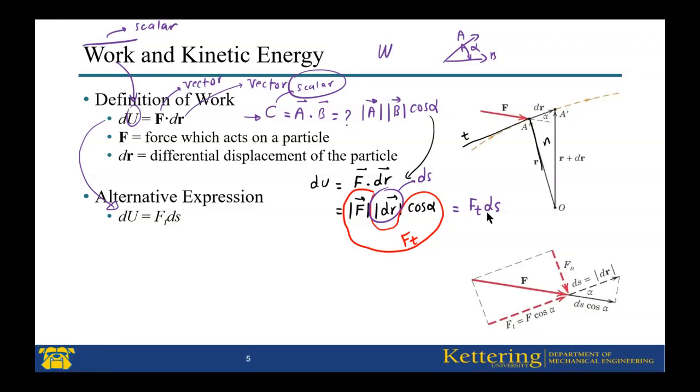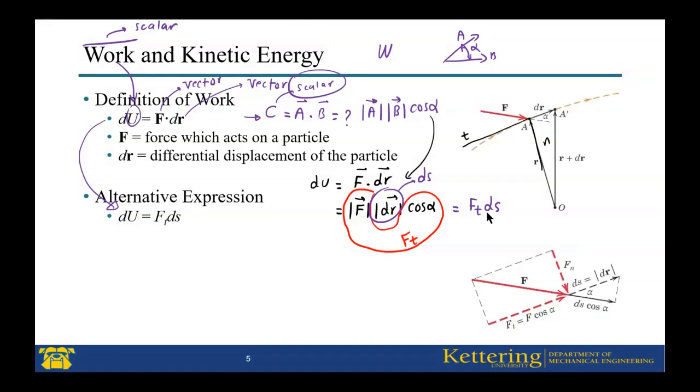What does it mean? It means that the amount of differential work is equal to the force along the direction of the displacement. This equation is exactly consistent with what you answered to my question.